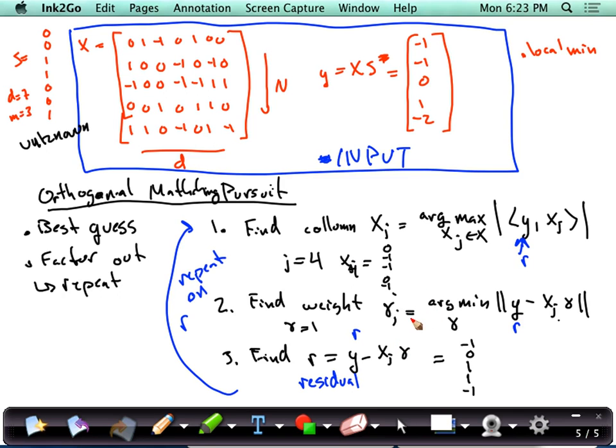So sometimes what you do to fix that is instead of solving for a single weight here, you can say, well, I know I've already committed to saying that at x4, I already chose this value to be something. So then, say the next time through, you may choose x3, so you may choose this column the next time through.